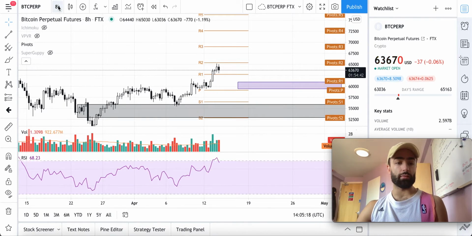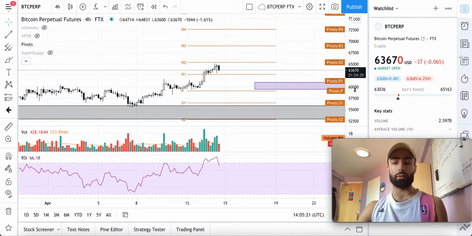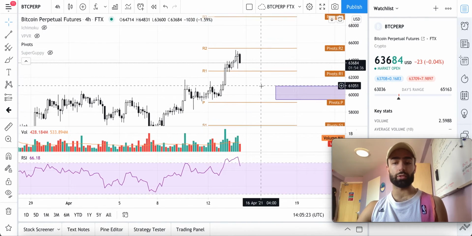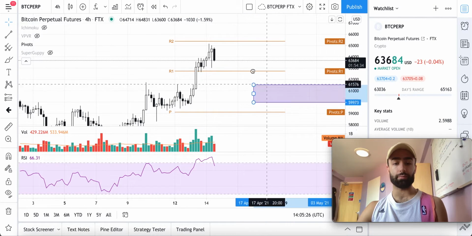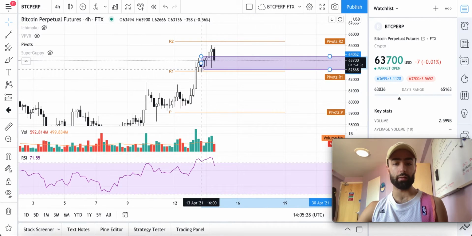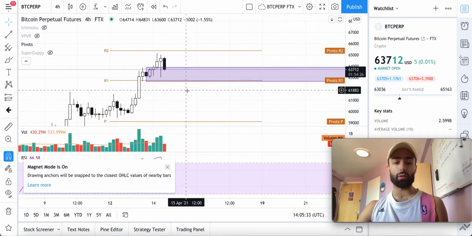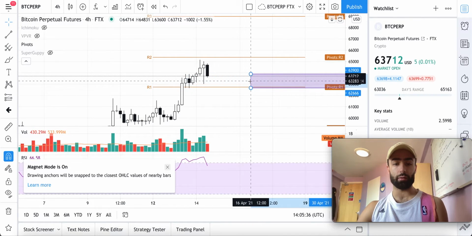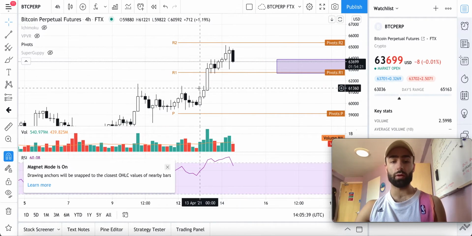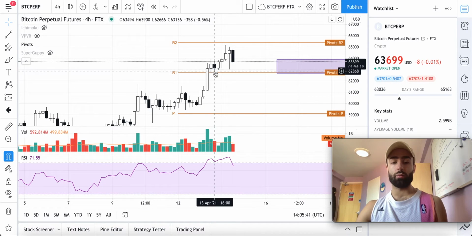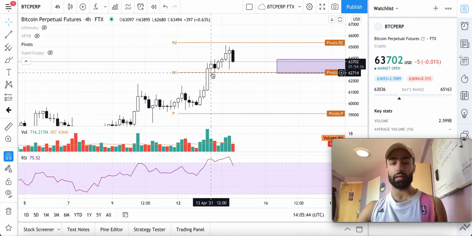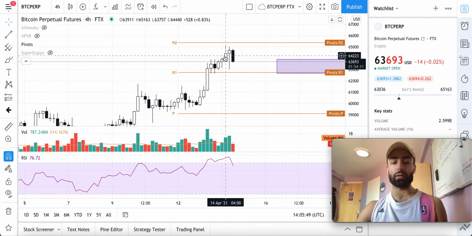So let's go to the 4-hour time frame real quick and talk about the support level that we're currently operating near, and that's this black candle right here. Grab our magnet. So this support level, you can see what happened here. The reason we know it's a support level is because we came up, we formed a high, we came down, we broke the low of this candle right here with this candle, and then subsequently we rose in price and closed 2 candles above this, this candle and then this subsequent candle right here.